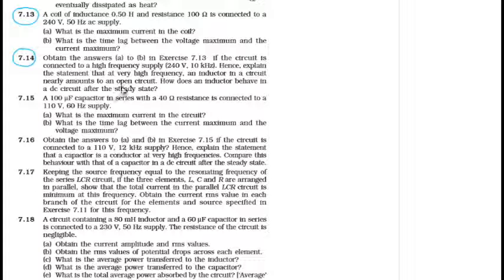Hence explain the statement that at very high frequency an inductor in a circuit nearly amounts to an open circuit. How does an inductor behave in a DC circuit after the steady state? So let us see the solution.